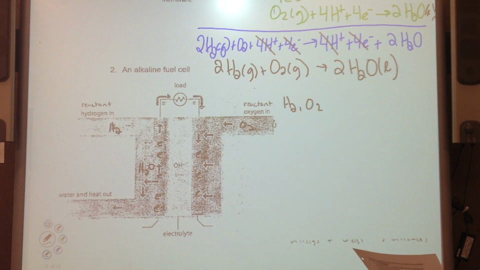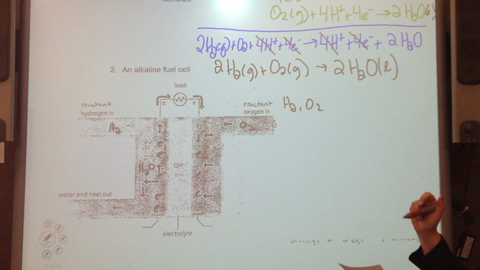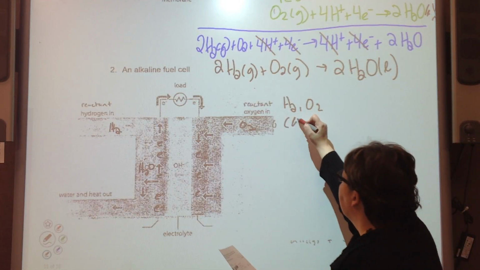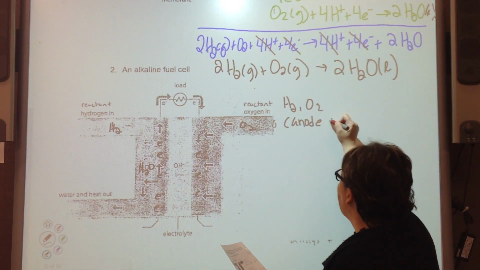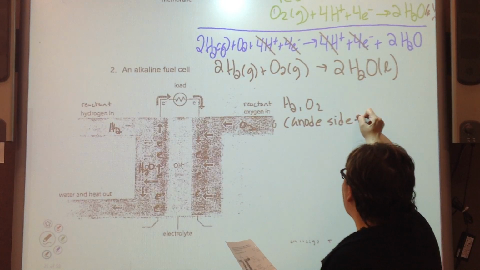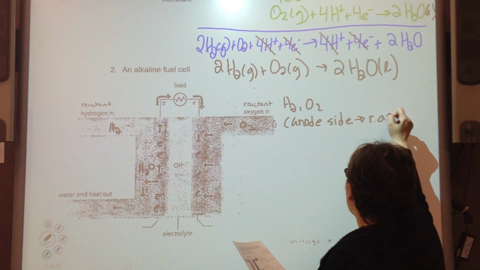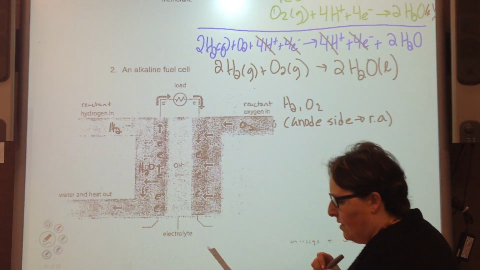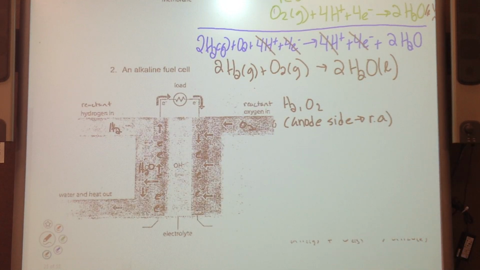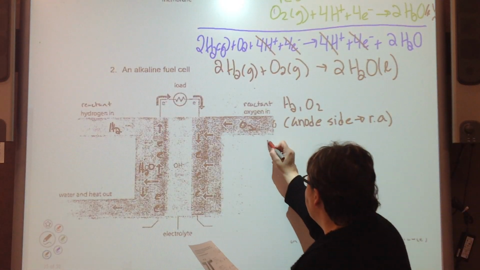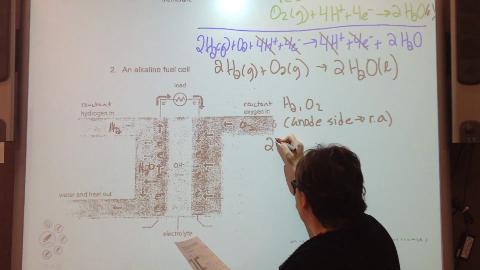So what's my anode side? Anode side has to be what? The reducing agent. Okay. So which one is the strongest reducing agent this time around? Hydrogen. Yeah.